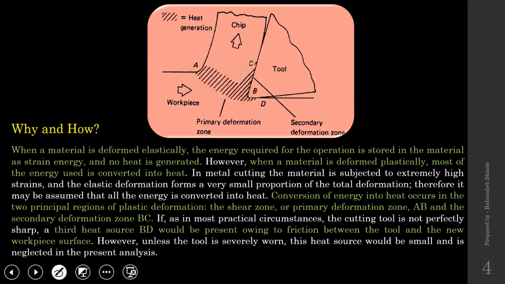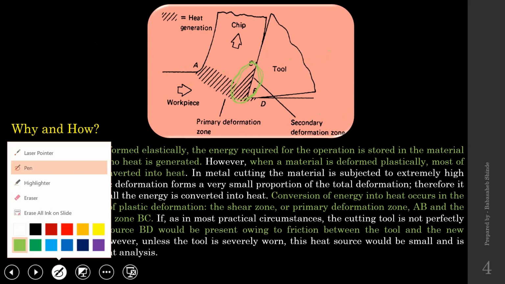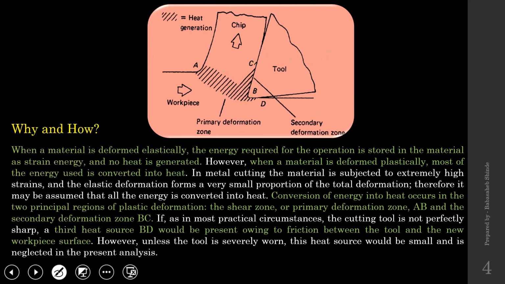Second one is this BC zone, that zone is called the secondary deformation zone. And the third one is, when there is a certain amount of tool wear, the flank face of the cutting tool over here starts rubbing with the finished workpiece surface.